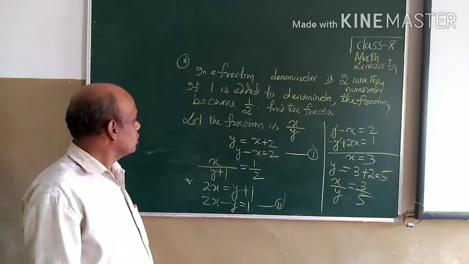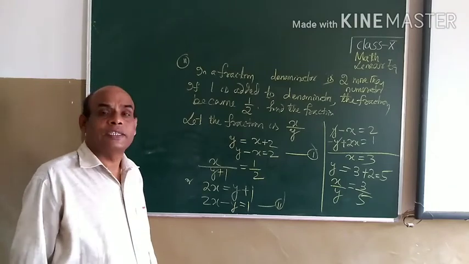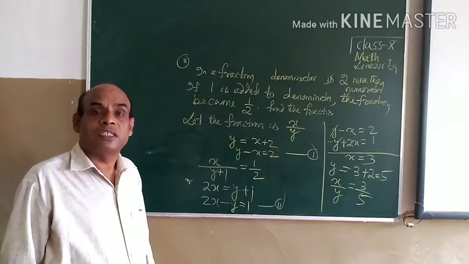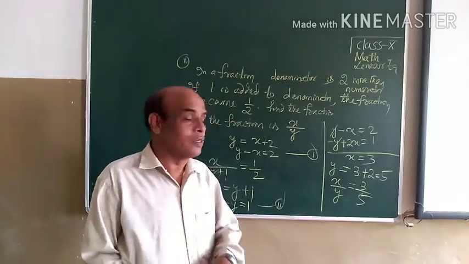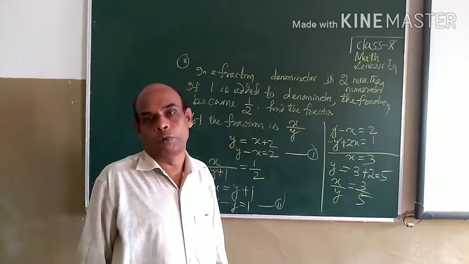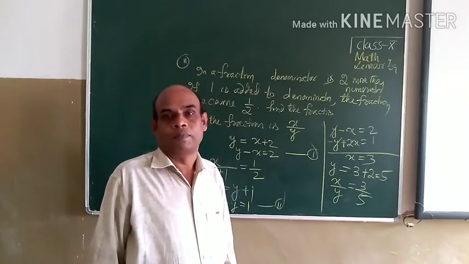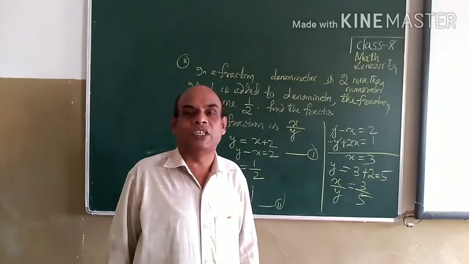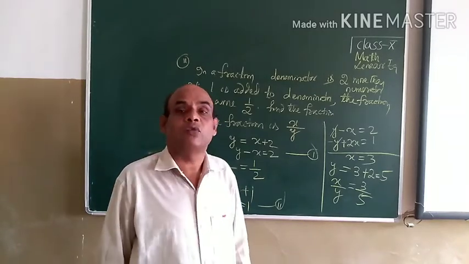So by taking two variables x and y, we can solve the linear equation. Also, dear children, you have to remember the question can be solved in one variable also. But as the chapter is solving the pair of linear equations in two variables, therefore only we took x and y.